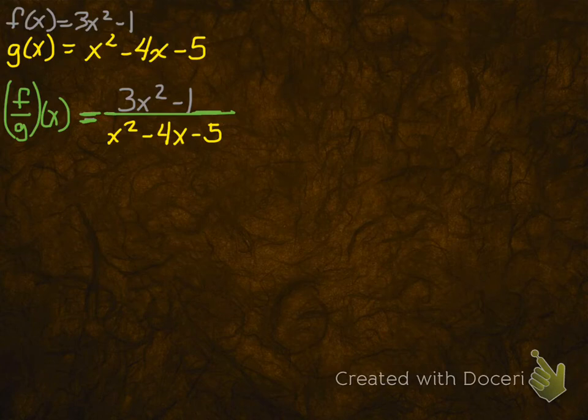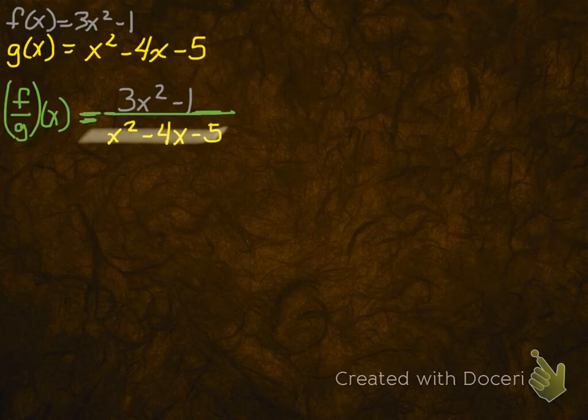This last one we're going to do is division. We have f of x and g of x, and we're dividing f of x by g of x. Well, there's nothing that we can see that can divide into both, but we need to factor our denominator to make sure there's nothing that we're missing and to help us with our domain.